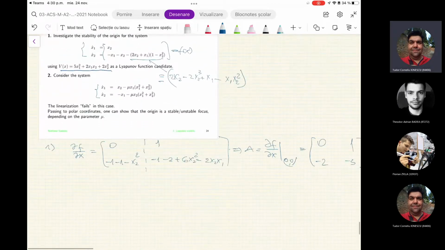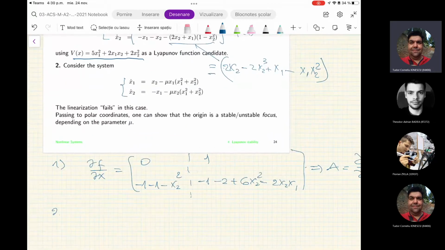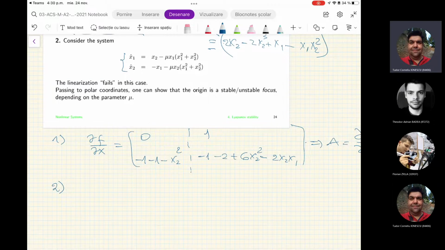For the second example, number 2, okay, the first order approximation fails, they say. Let's see.